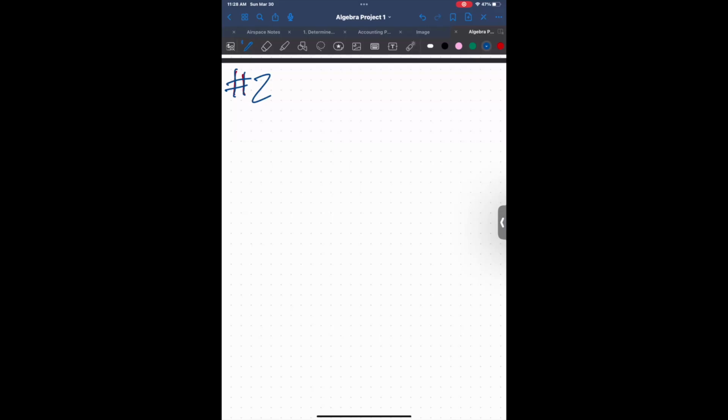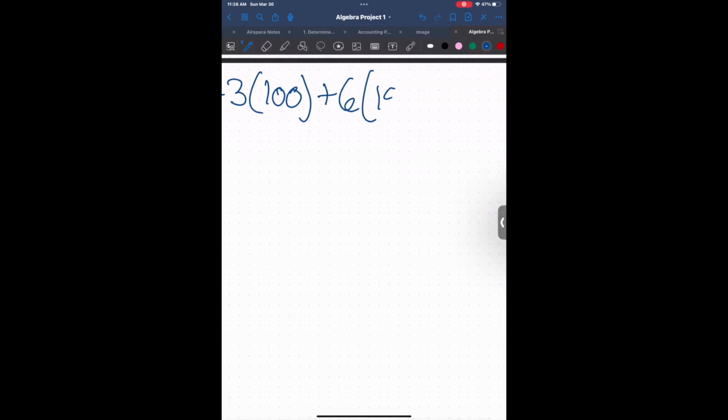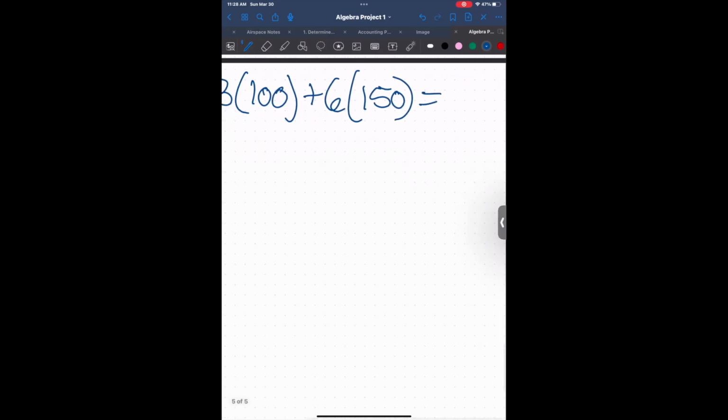Number 2, which is x plus 3y times 100. It is y. Oh, I wrote that up from here. Okay. Plus 6z times 150 equals 1400.